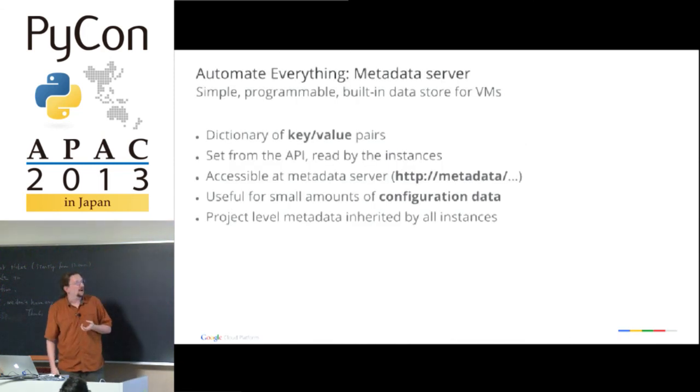So to help with automating, Google Compute Engine has this metadata server, and it's basically a key-value pair server that's intended for configuration data. So if you want to say, where is my database instance, or here's the startup script for this instance, or any information that your configuration depends on, give this a try.